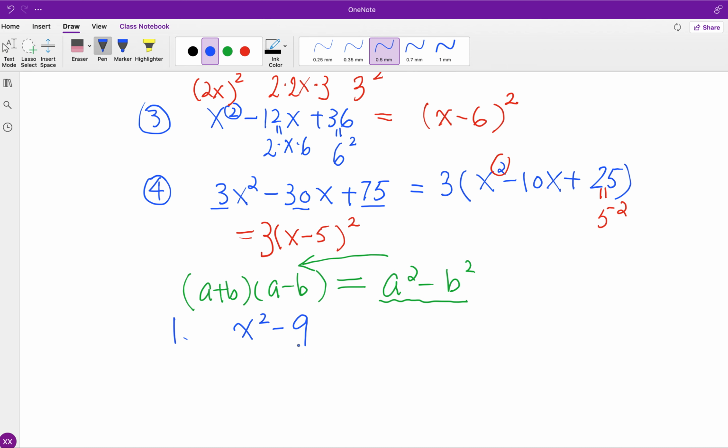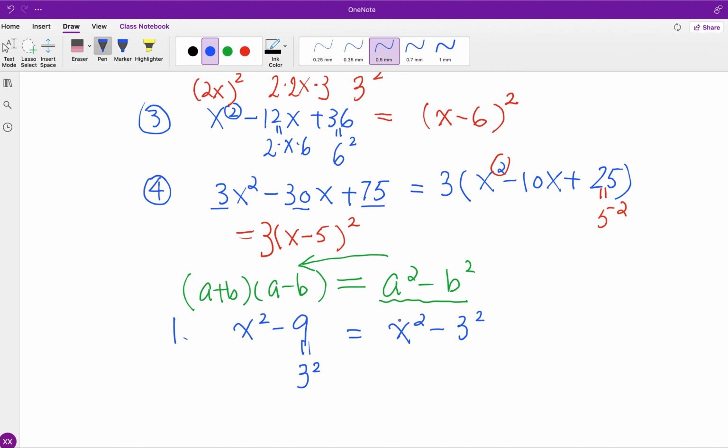Now this is a binomial, you see? So far we always factored the trinomial. Now it's a binomial, you're pretty much sure you are going to use this formula, because the 9 could be rewritten as 3 to the power of 2. So now you have x to the power of 2 subtract 3 to the power of 2.